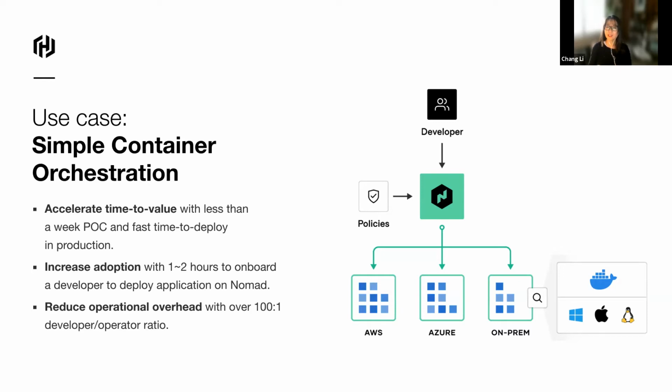I think the third one is probably the most critical one for teams that want to stay resource efficient and don't want to dedicate a fully staffed team to just managing their orchestrator, especially for a self-hosted platform, right? They don't want to dedicate a team to manage that, but they still want to stay lean while supporting hundreds of developers or thousands of applications, and Nomad really provides that capability.